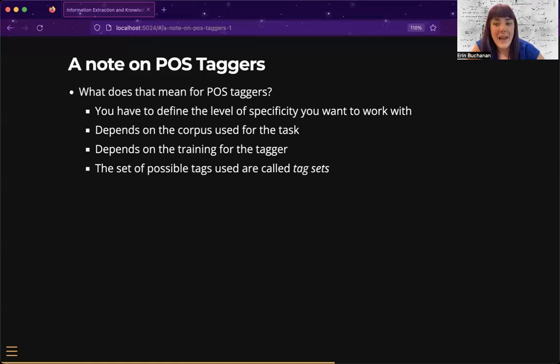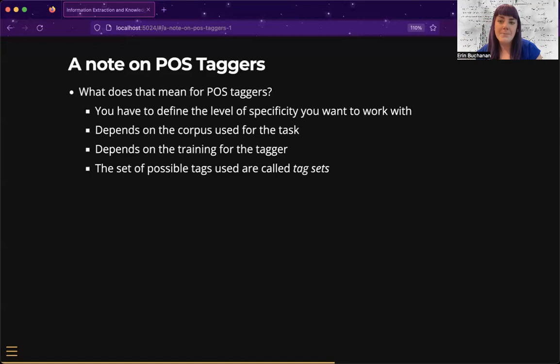And those sets of tags that people use are called tag sets. So there's one called the universal tag set that most systems have. This is the less complex one. The problem with the universal tag set is it's actually not universal. If you pick a couple of parsers in R and a couple of parsers in Python, you'll find that the universal tag set is somewhat inconsistent.